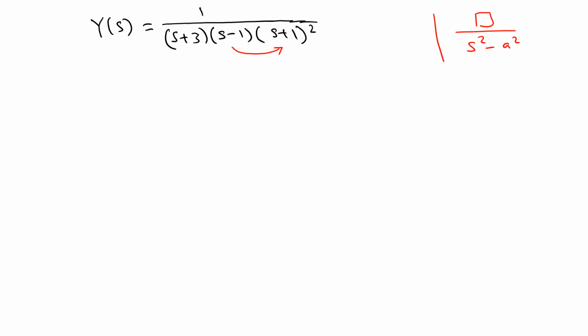I'm going to pull out s plus 1 and we can write this one as 1 over, we still have s plus 3. I'm going to pull s plus 1 out and combine the rest with that, so you're going to get s squared minus 1.